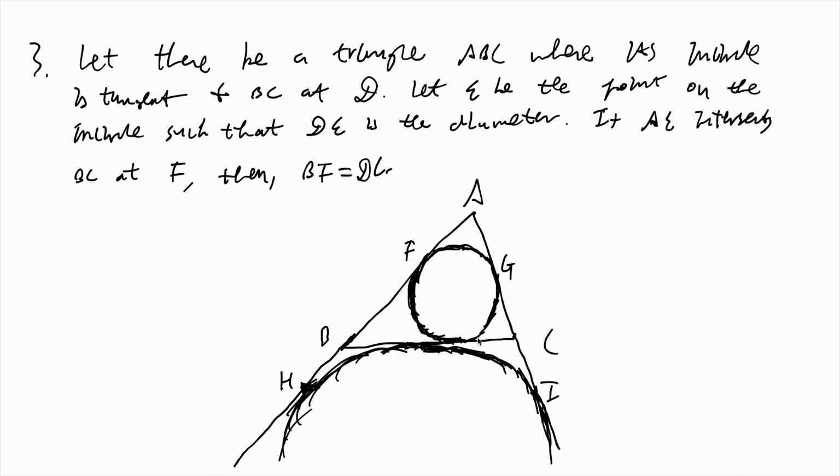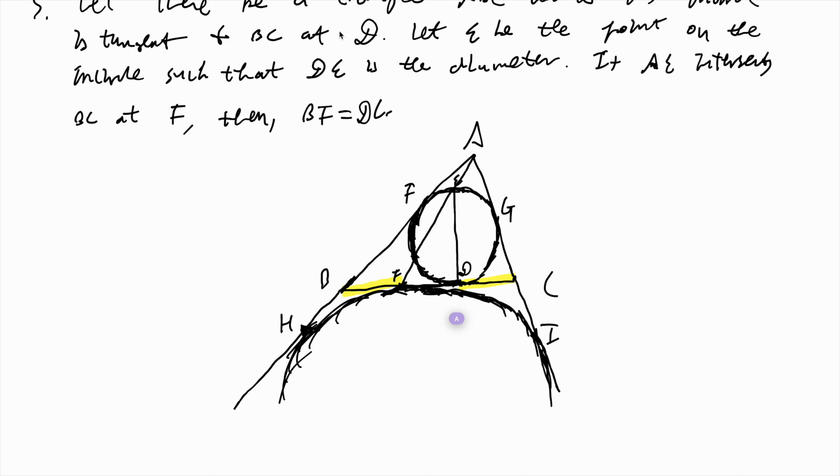Okay. So this part right here is D. So this is D, and draw the diameter like this. And we have E right here. And this point right here is F. Then we have BF equals CD or DC. So it's actually quite simple to prove it from here.